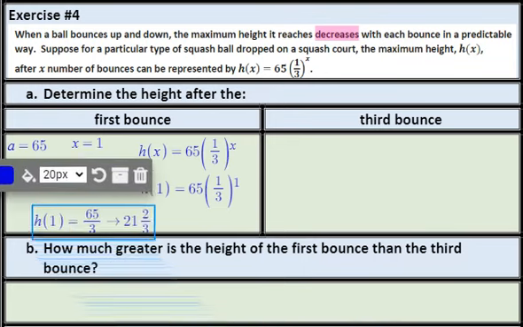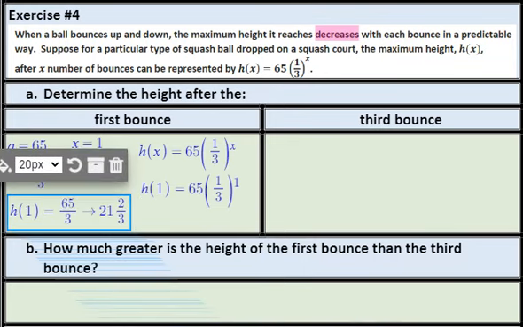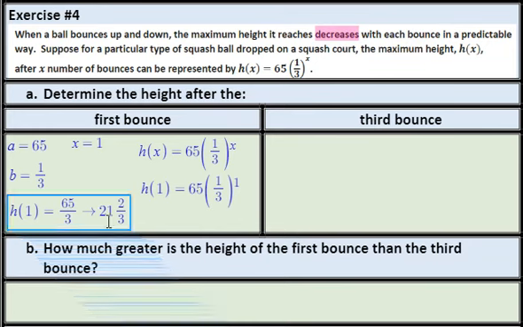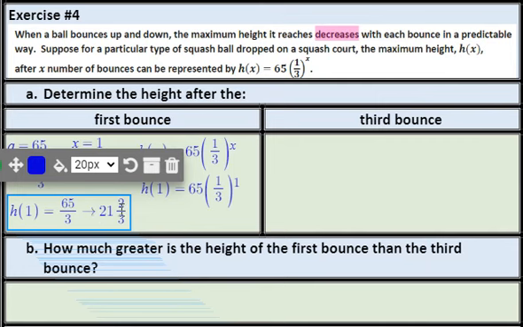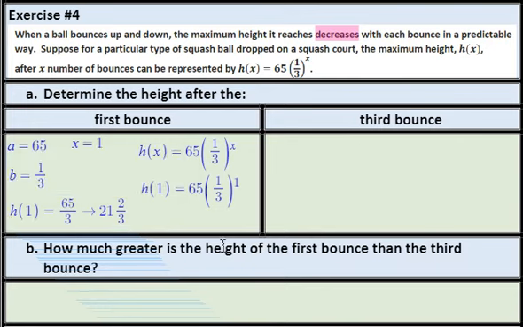So we get 65/3. But when we simplify that, because 65/3 to a lot of people doesn't have any meaning, we say, how many times does 3 go into 65? We have 21 with a remainder of 2. So that simplifies to 21 2/3.